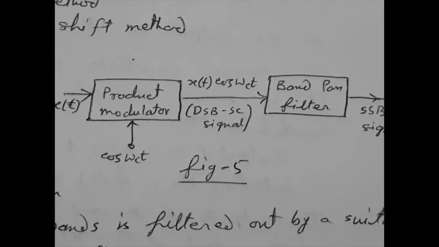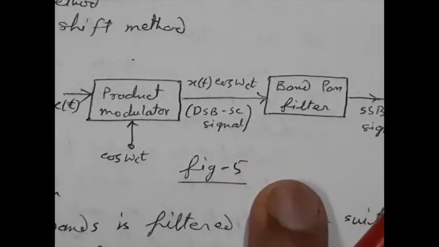In fact, the design of the bandpass filter becomes difficult if the carrier frequency is quite higher than the bandwidth of the baseband signal. So this is another drawback of this frequency discrimination method.